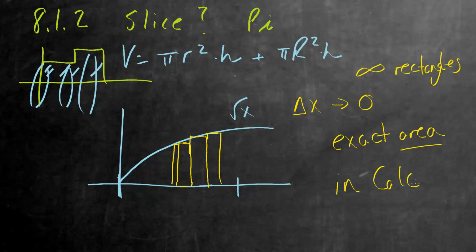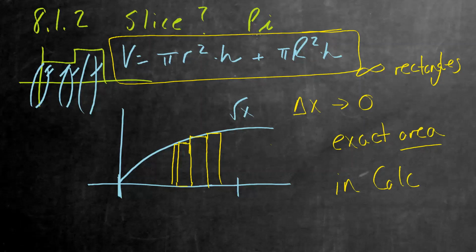In calc, we're going to use this same fundamental along with our fundamental of adding up infinite rectangles, which is what this would do. And we're going to talk about how to find volume now. Very, very similar.